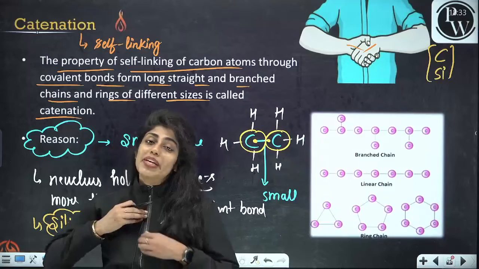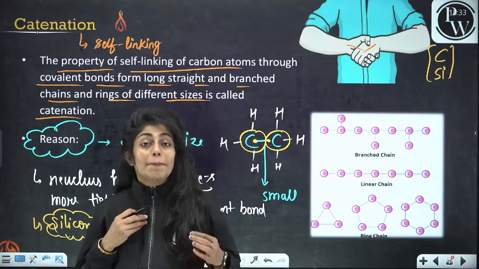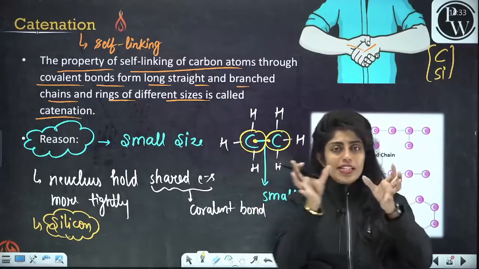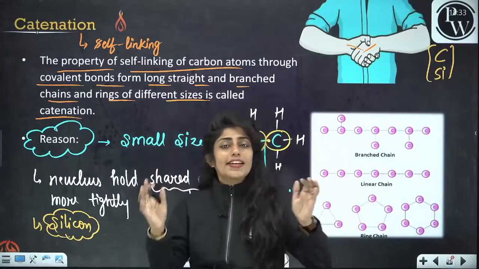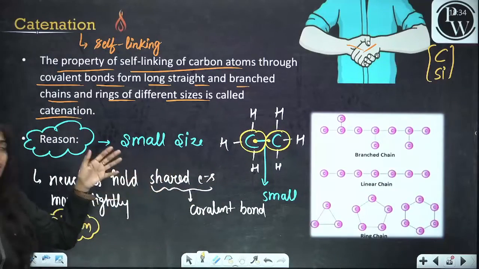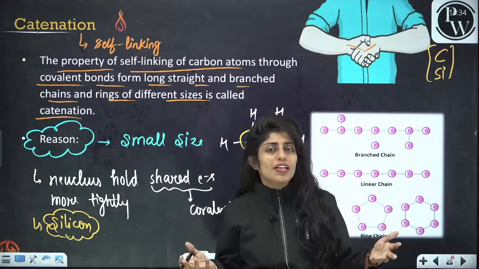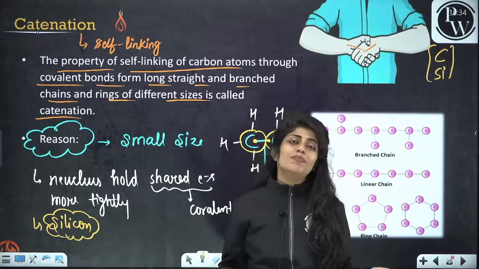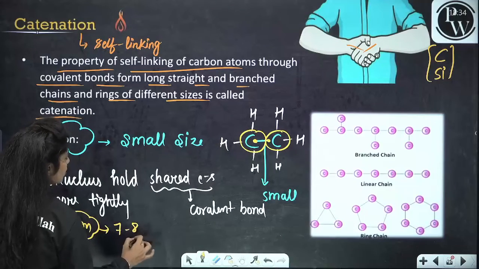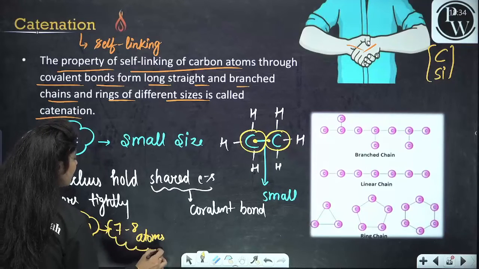While carbon, being smaller in size, shows catenation on a large scale, silicon is larger in size, so its bond will also be longer and there will be no more hold on the shared electron, and then the bond will not be that strong. Not stable, not existing. So simply, silicon shows catenation up to 7-8 atoms. I have told you the reason why.